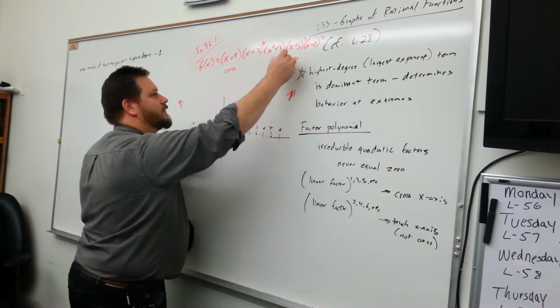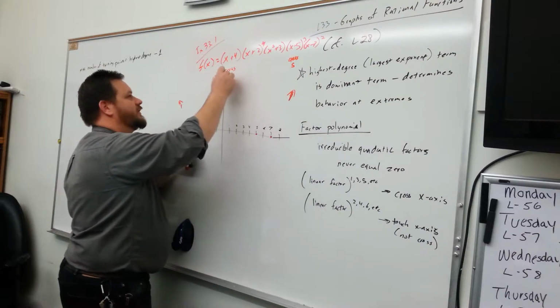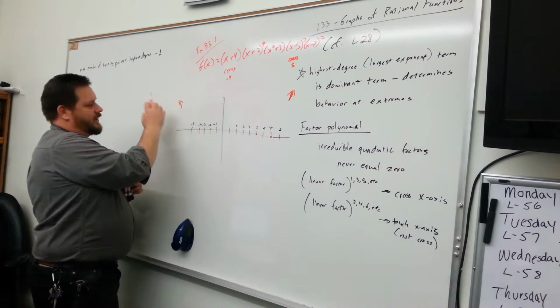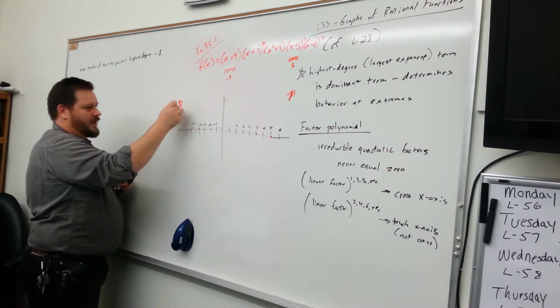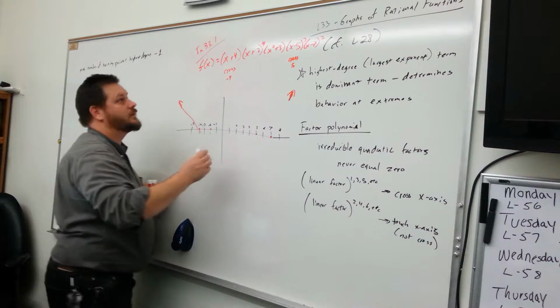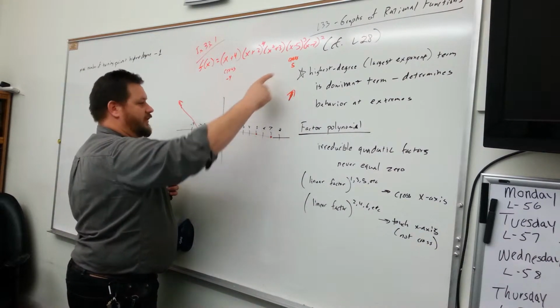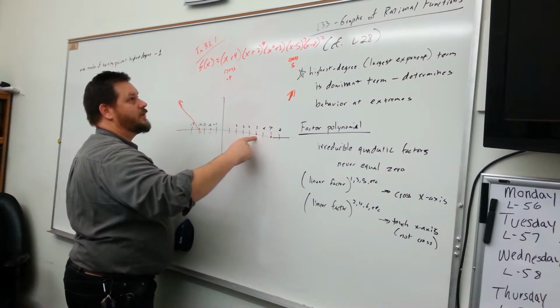So cross at 5, and it's going to cross at -4. So at the extreme, it's going up, and this is the first zero we get to. Oh, it's just going to bounce off. And it crosses at 5, but we don't know that yet.